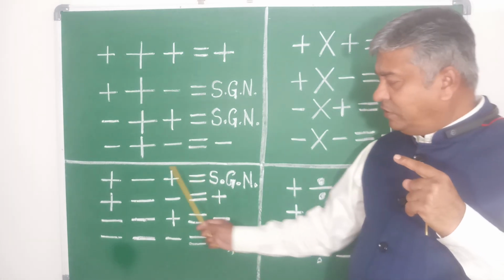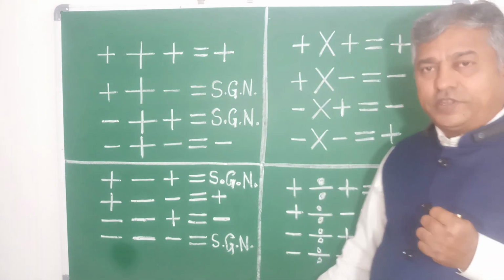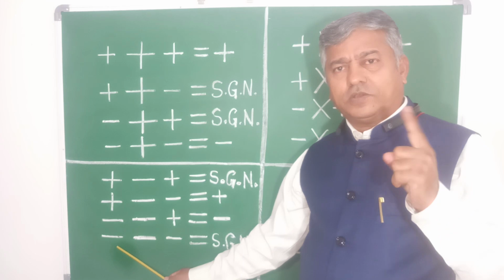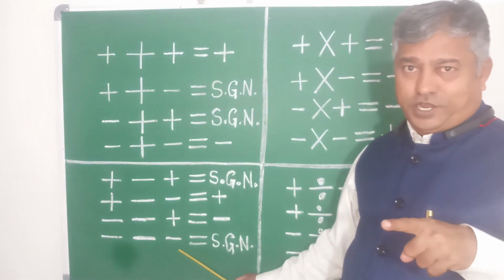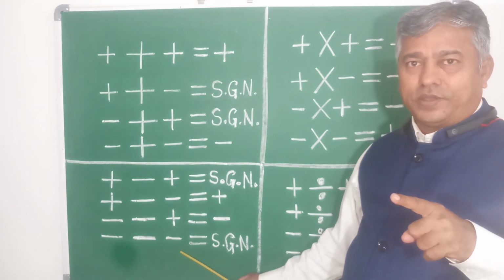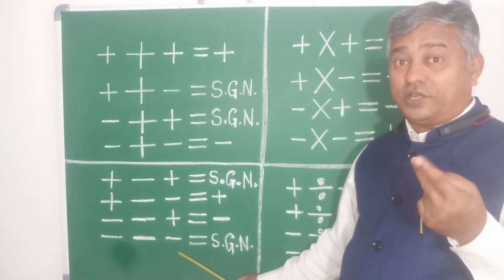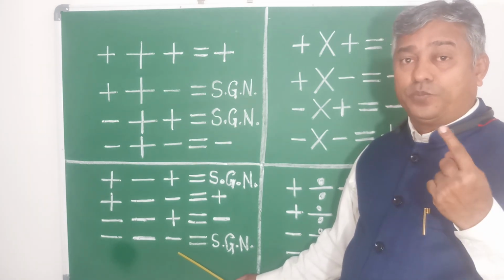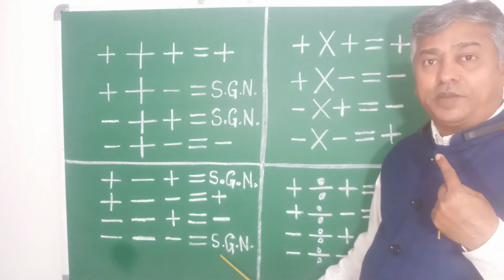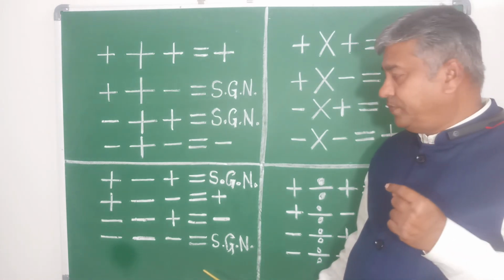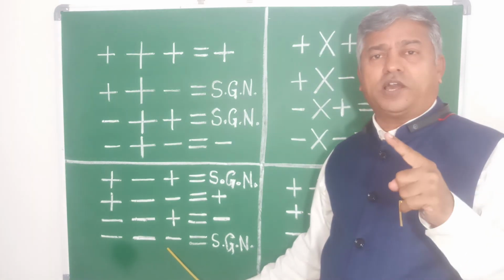Okay. In this subtraction process, the last one, in which the first is negative and the second is also negative, then for the subtraction of such numbers, we should subtract them and we should take the sign of the greater number, SGN, because in this case the second negative number becomes positive.